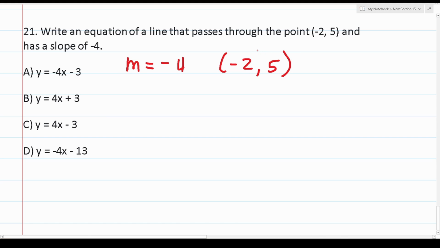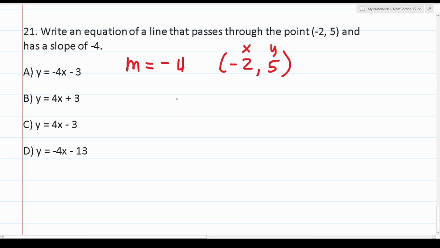Of course, in an ordered pair, you have x and then y. So this negative 2 is x, and this 5 is y. In order to write an equation of a line given this information, you can just take these values and plug them into the point slope equation and then solve for y.